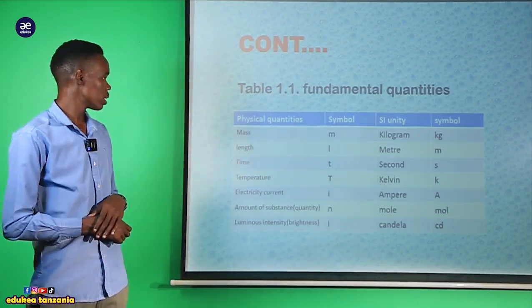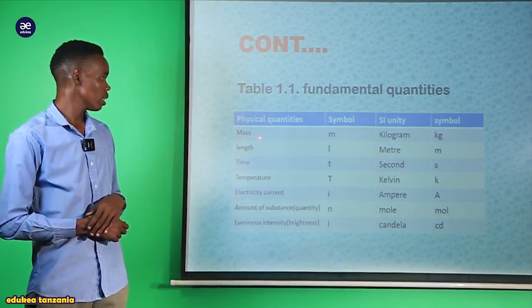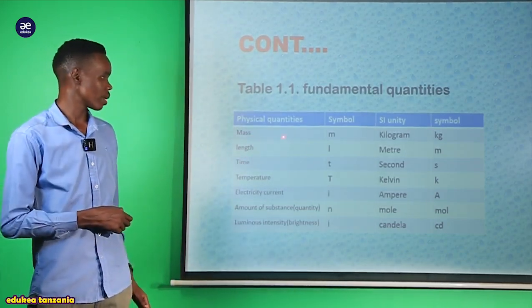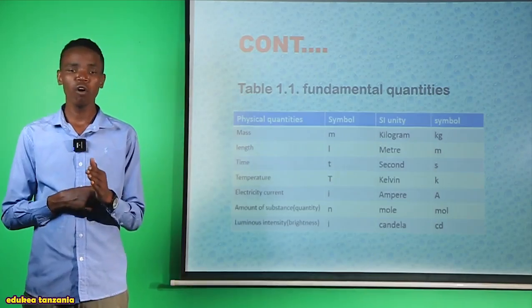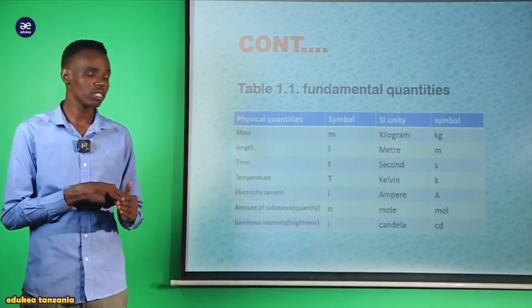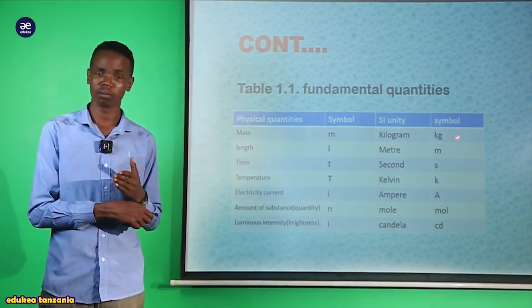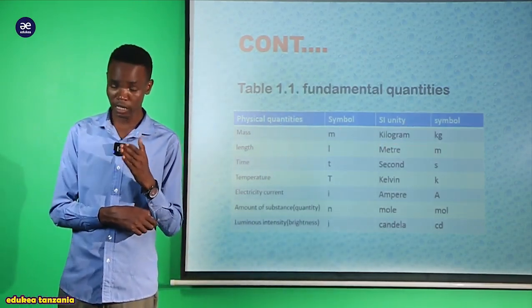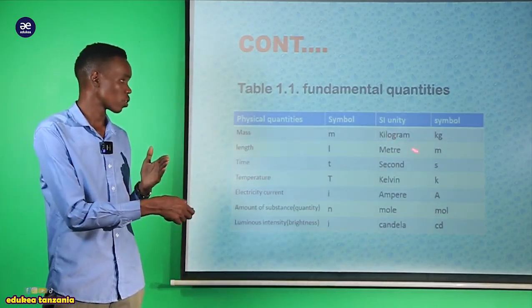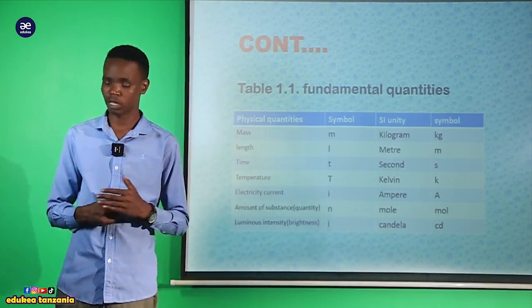So my dear student, one of the examples of the fundamental quantity, we have the mass, but its symbol of mass is m, and it can be measured using the unit of the kilogram. Lakini the symbol of the unit of mass is called kg, kama tunavyo observe here.